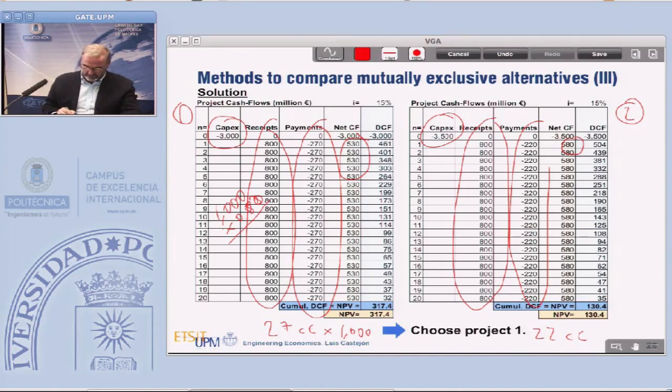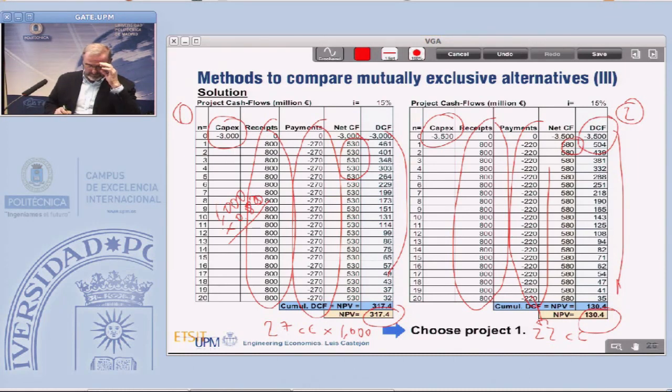Why? Because the cost of the production process is lower. If we calculate the discounted cash flow for every year, for every project, we get a net present value of 317 million euros for project 1, and the net present value of project 2 is 130 million euros.